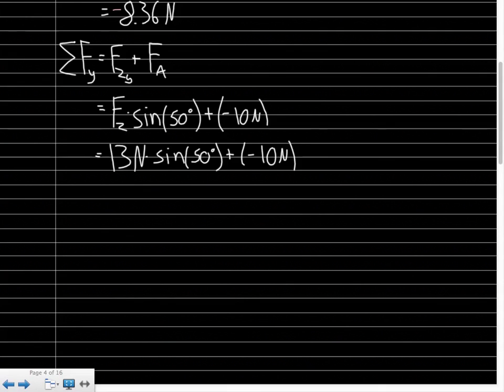This now can be solved. 13 times the sine of 50 minus 10, or plus negative 10, comes out to be a very, very small number, actually. Comes out to be negative 0.04 newtons.